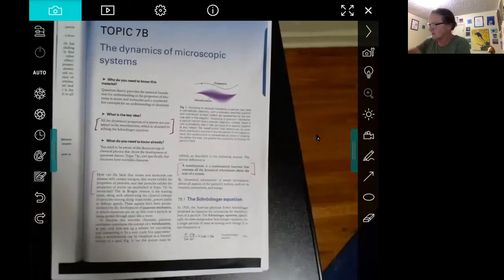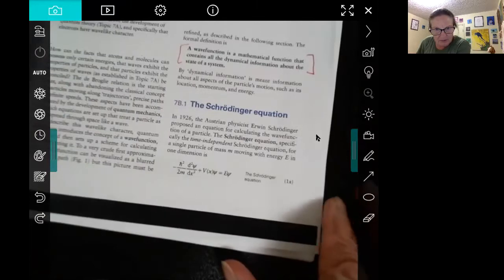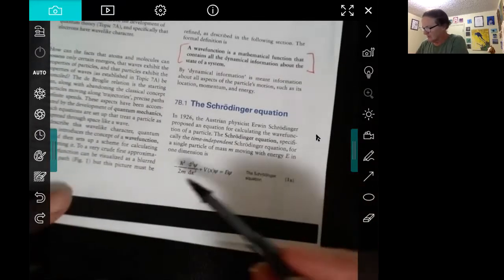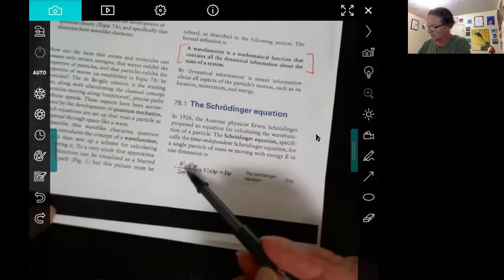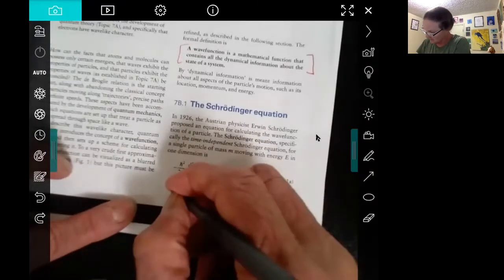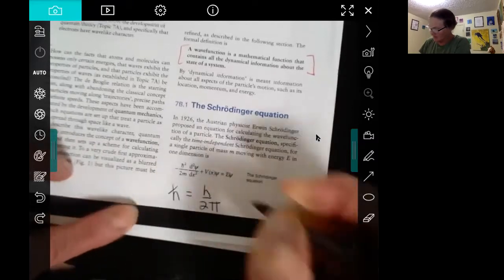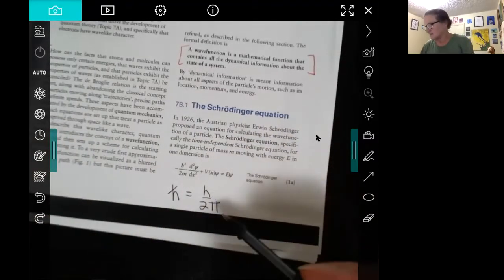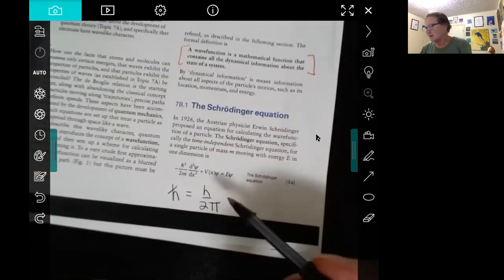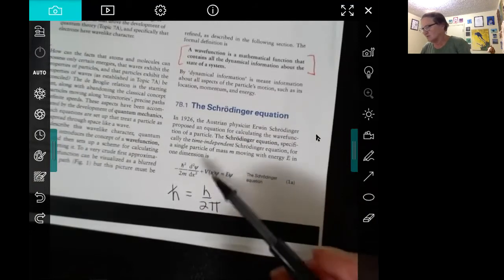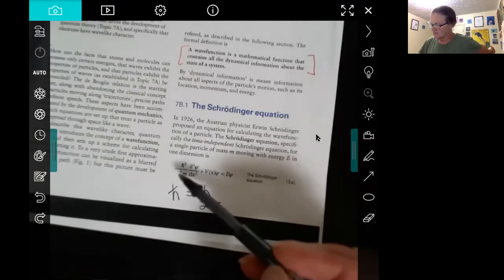It's given here at the bottom of the screen. So it says negative h bar squared. H bar is h over 2 pi. It just ends up that Planck's constant divided by 2 pi is a pretty common thing to run into, so it's given its own name. It's called h bar.